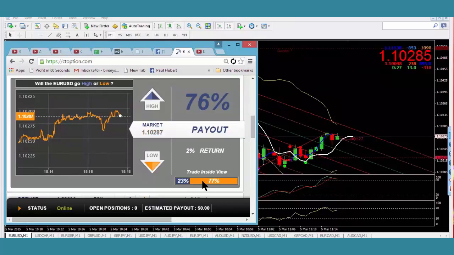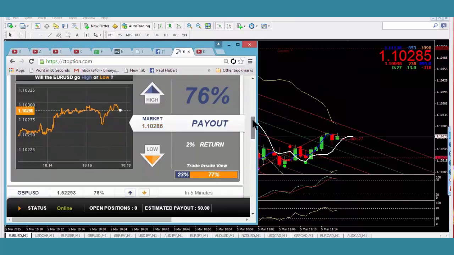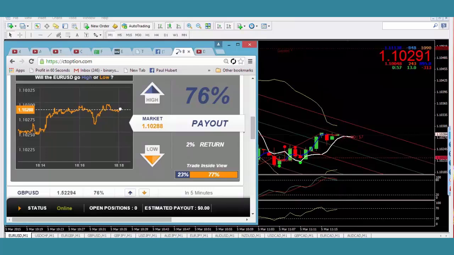Okay, look at the pressure. Get ready to take this trade, guys. 5-minute put on Euro US. 285. I see 290. Let's see what the next candle does. Get ready on Euro US 5-minute put. It's just not quite in the 7th channel.